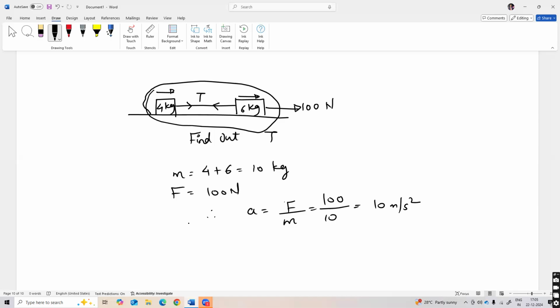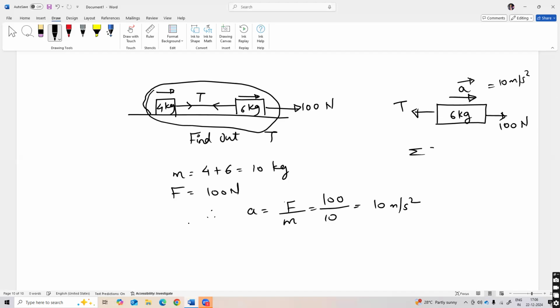Now consider the mass of 6 kg. We'll consider its FBD. If we see the horizontal forces acting on this 6 kg mass, there is a tension T, and there is a 100 Newton force which is pulling it, and since it has some acceleration a, which is equal to 10 meter per second square. We know that F is equal to ma.